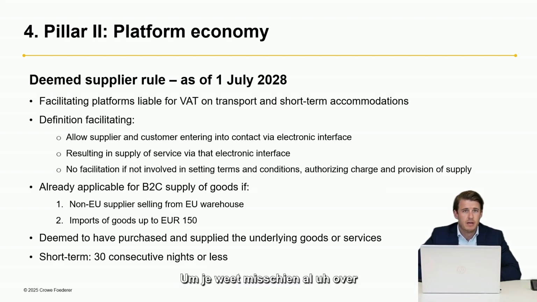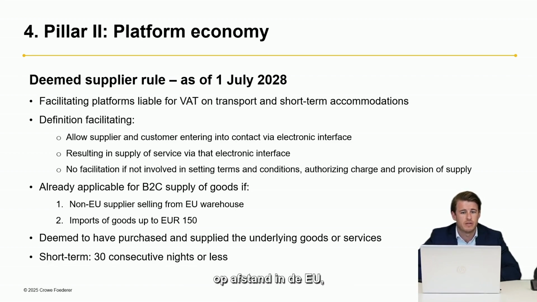You may already know about this deemed supply rule, because since 1 July 2021 the deemed supply rule is already applicable for the B2C e-commerce sector for the supply of B2C goods. And it applies in two situations. The first one is the platform facilitating a supply of goods by a non-EU supplier selling these goods from an EU warehouse.